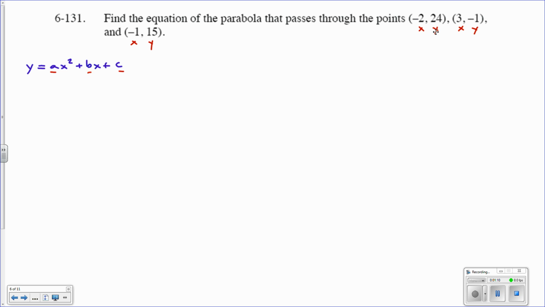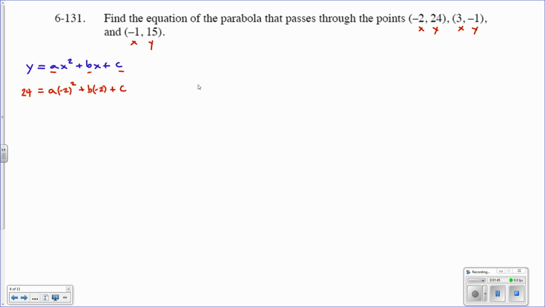Let's start with (-2, 24). If I put in my 24 for my y, I'm going to have 24 equals a times whatever our x value is, so -2 squared, plus b times our x value, which is also -2, plus c. It's really important that you try to keep your work organized with these ones. The next one, let's do (3, -1).